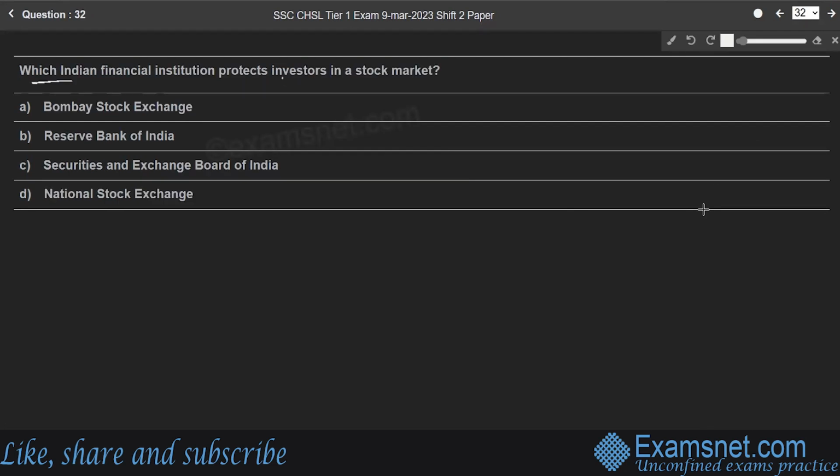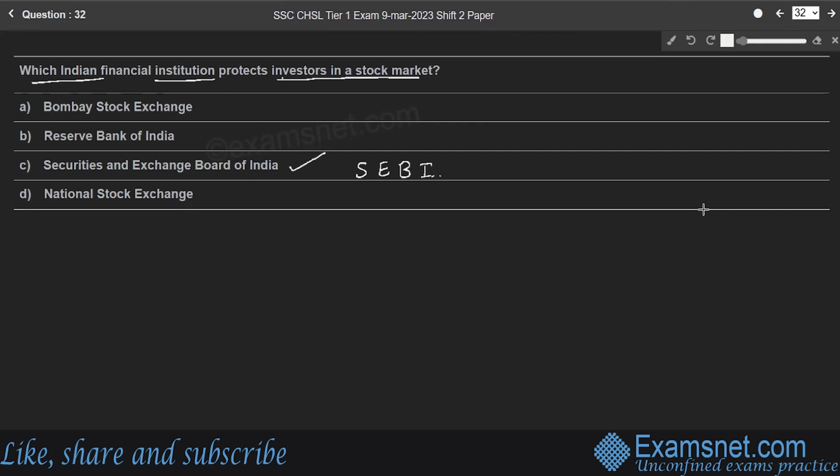Question 32. Which Indian financial institution protects investors in a stock market? Here, option C, Securities and Exchange Board of India, SEBI. It protects investors in a stock market. In India, the primary financial institution that protects investors in the stock market is the Securities and Exchange Board of India.